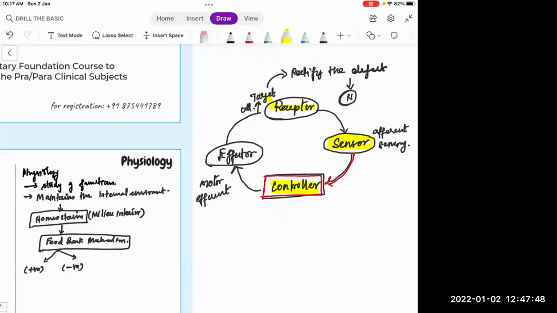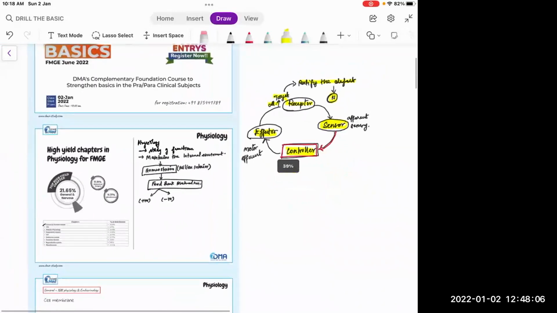Based upon the signal given by the sensor, the controller will give the signal to the effector to make the target cells rectify the defect. Finally, it is brought back to normal functioning. So this is called the feedback mechanism.